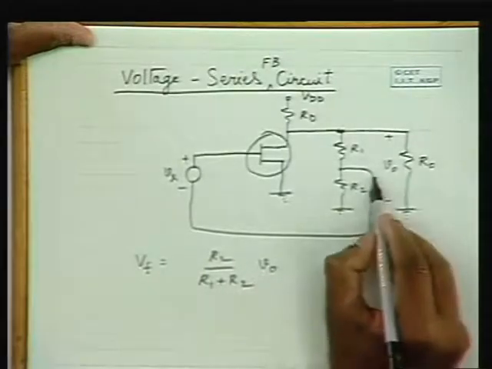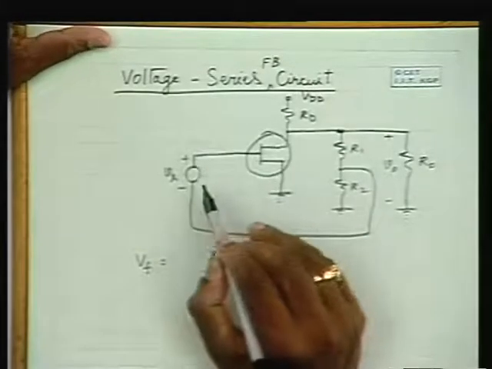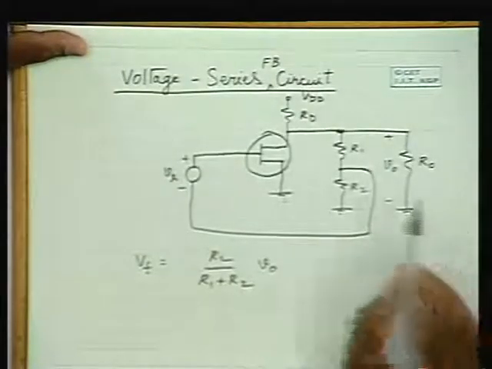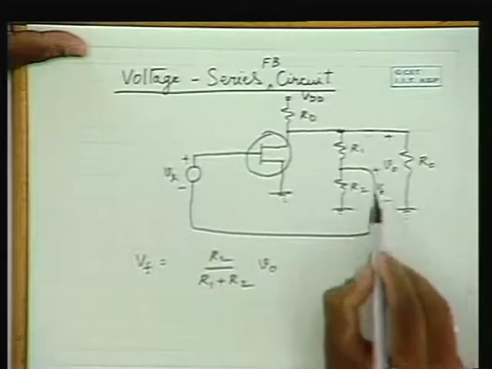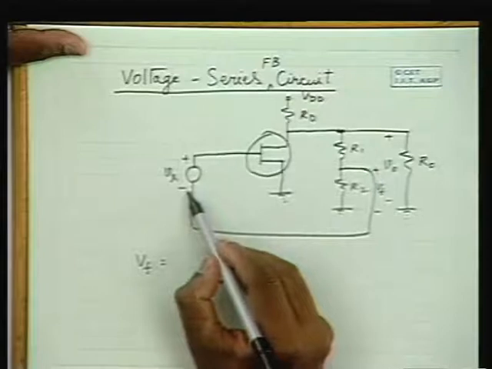Is this feedback voltage adding to this input source, or is it subtracting from the input source? Please note that this is the feedback voltage Vf, and the positive terminal is getting connected to the negative terminal over here.